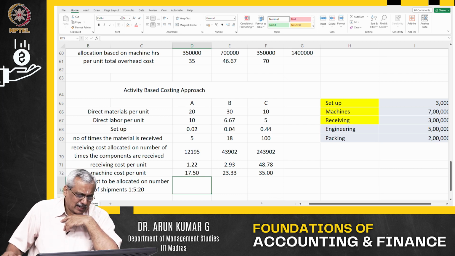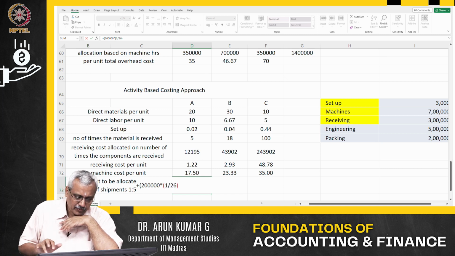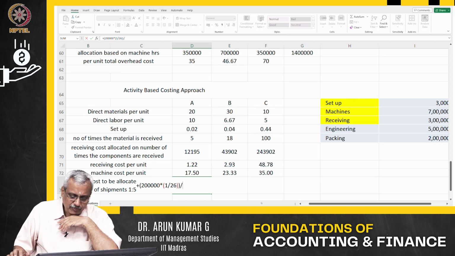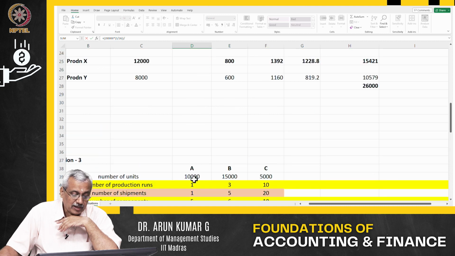So what is the per unit packing cost? The packing cost is 200,000. Let us divide it per unit. Let us say 200,000 is the packing cost, multiplied by 1 divided by 26, and the whole thing divided by the number of units I manufactured, because I need to get the per unit cost.